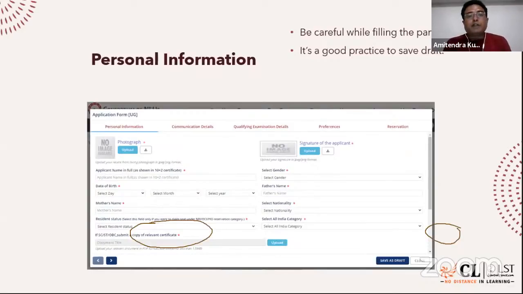If you are appearing for class 12th, majority of you would be, then you must use your admit card. I'm sure that is not available right now. So you can use your class 10 certificate as a reference, because this time the boards are delayed. You can't refer anything from class 12, but you can definitely refer your class 10 certificate, because the same will go for class 12 as well.